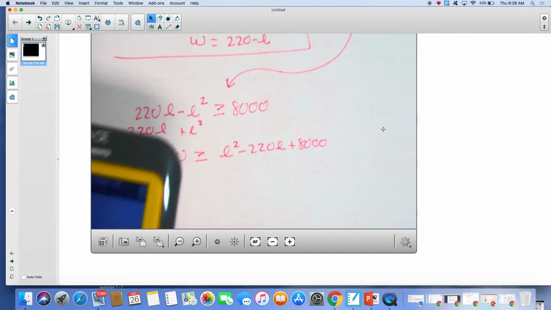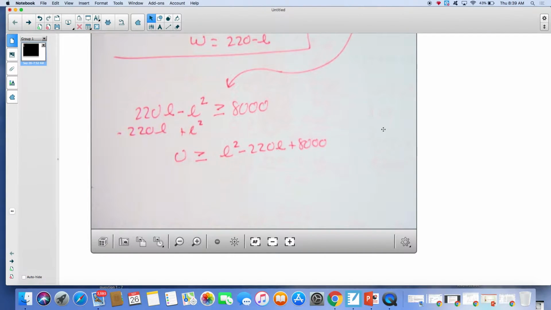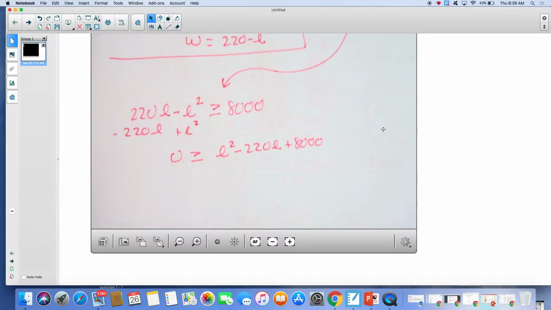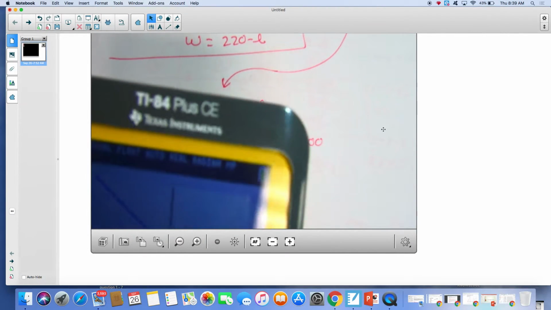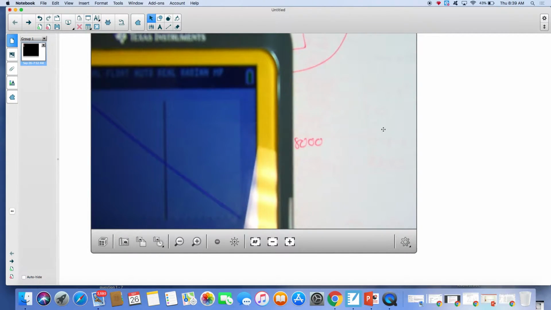That didn't work very well either. Yeah, because zoom fit only showed us a straight line. Didn't work very well.